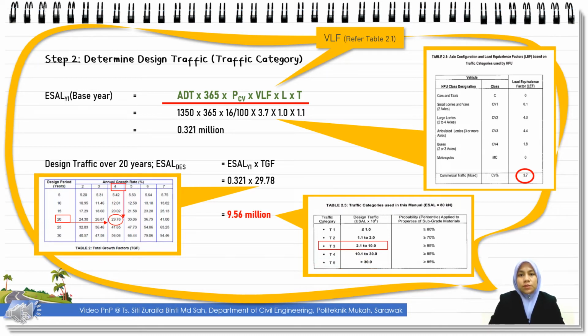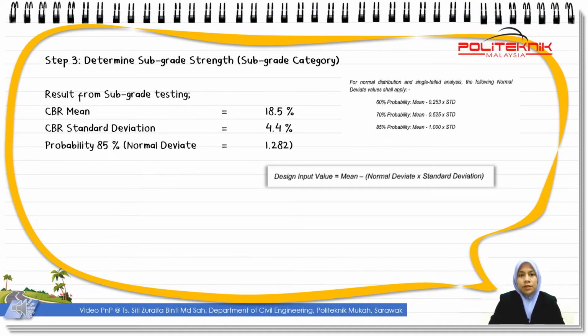Because of design traffic, SL is between 2.1 to 10, so the traffic category is T3. Step 3. Determine subgrade strength, subgrade category. From the result of subgrade testing, you can calculate the characteristic CBR value used for design by using the following formula.